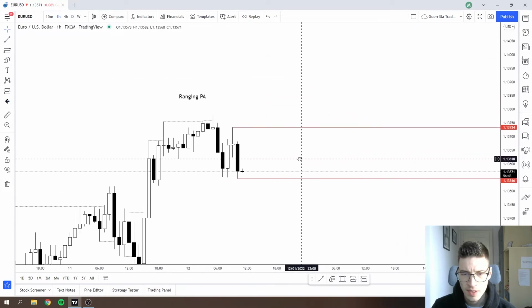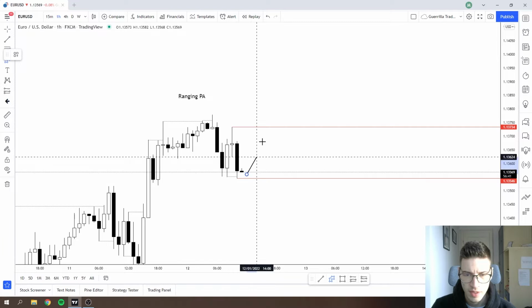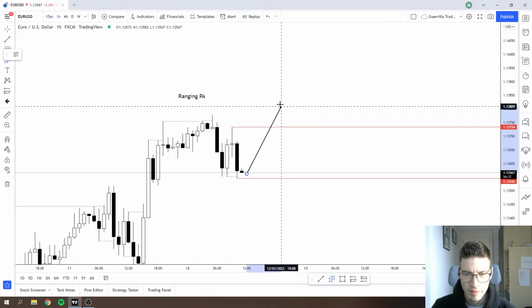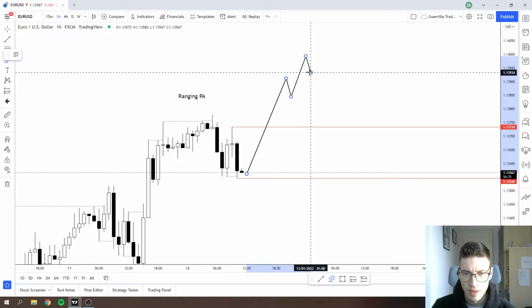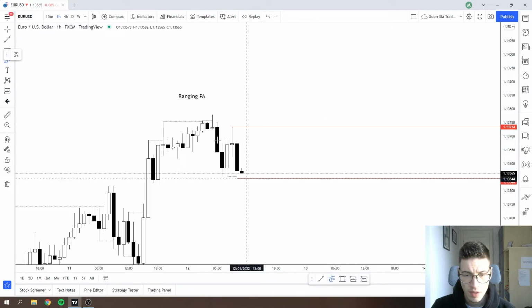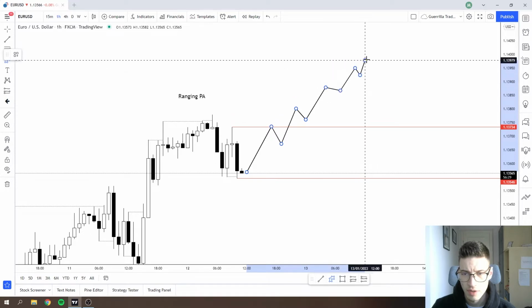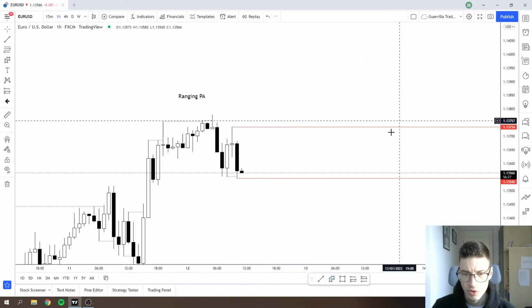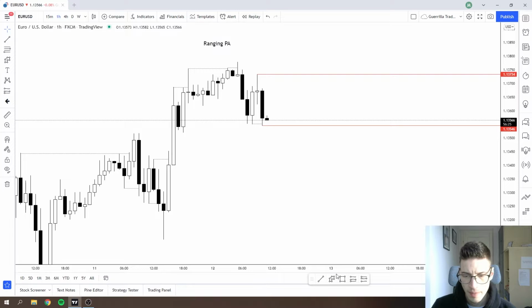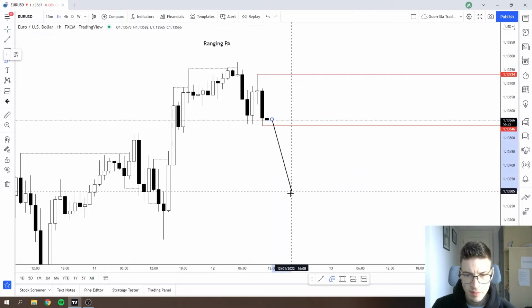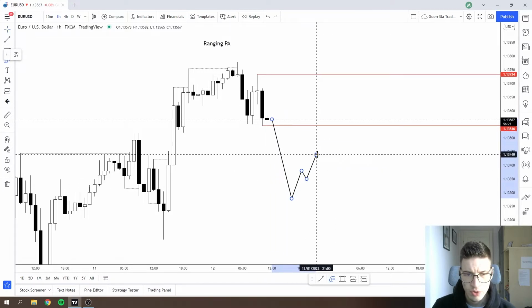And what I want to see is a big impulse to the upside, look for a trade, or a big impulse, pull back, another impulse, look for a long trade. I would also like to see a nice large ascending structure, push to the downside, look for a short trade. Or I would like to see a nice big push to the downside, look for a bomb trade.